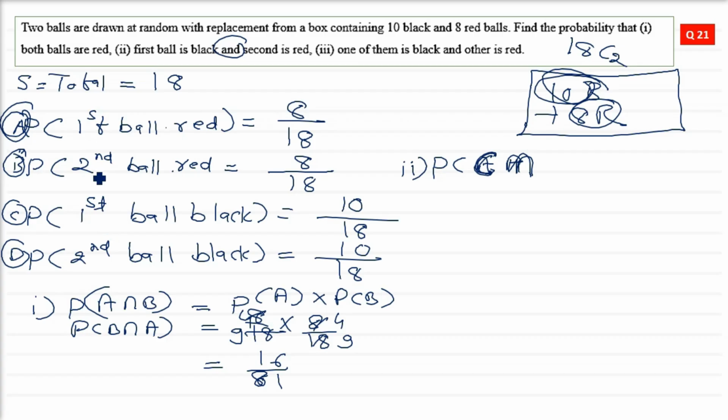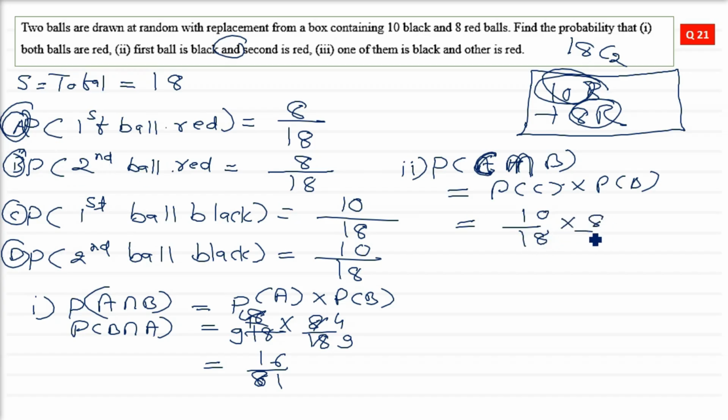C intersection A and A intersection C remains same. Alright. Again, I did a mistake. It's PC intersection B because C is the first ball is black and B is the second is red. So I'm changing again my statement. It's PC into PB. PC is 10 by 18. PB is 8 by 18. This gives you 20 by 81.